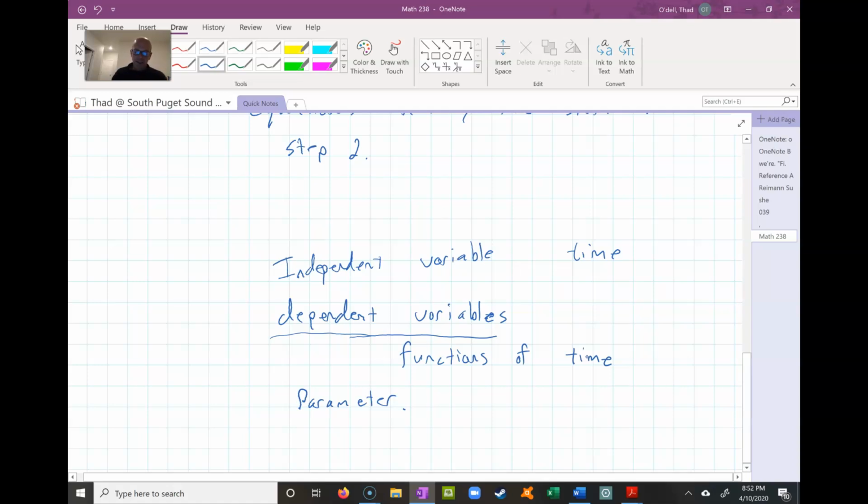But it doesn't change with time. So that's a parameter. Or you could say the initial population of the rabbit population. That's a parameter that's different from population to population or different from model to model, but it's not changing with respect to time in this model. Okay, so that's the difference between parameters and variables. We have an independent variable, and we have dependent variables that are changing with respect to the independent variable.